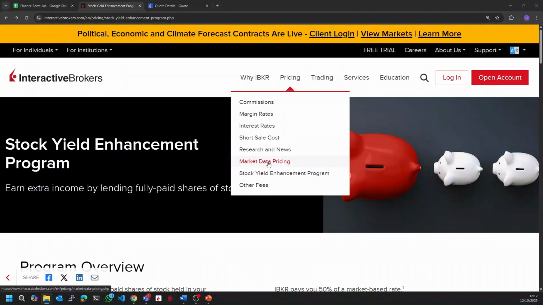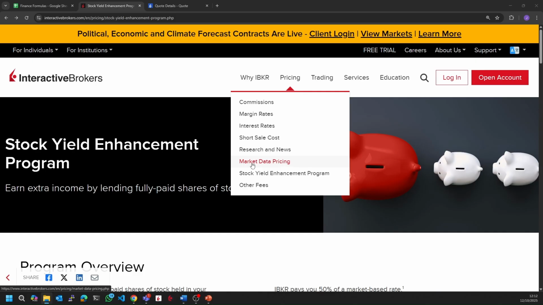Next is market data. Usually on all websites, including brokers, you will get market data delayed by 10 and up to 20 minutes. Active traders are interested in live market data, so you can purchase this data here in this chapter.